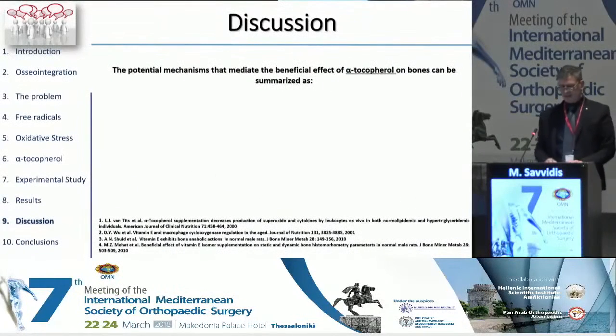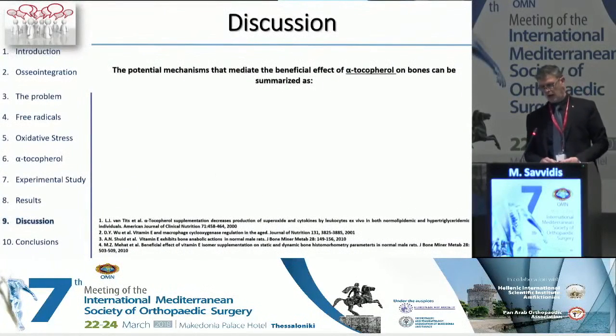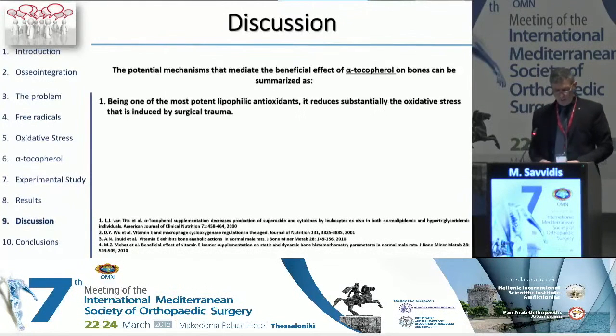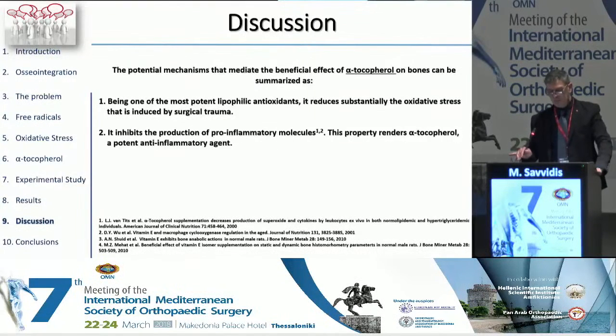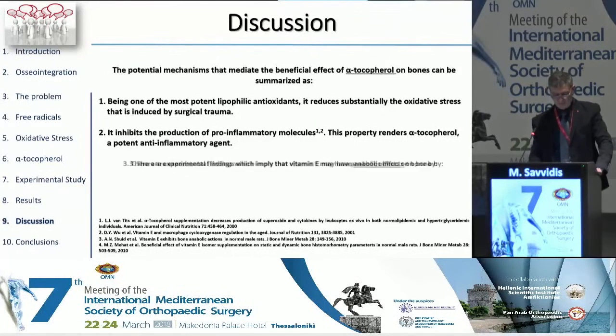The potential mechanisms that mediate the beneficial effect of alpha-tocopherol on bones can be summarized as follows. Being one of the most potent lipophilic antioxidants, it reduces substantially the oxidative stress that is induced by surgical trauma. It inhibits the production of pro-inflammatory molecules, and this property renders alpha-tocopherol a potent anti-inflammatory agent.